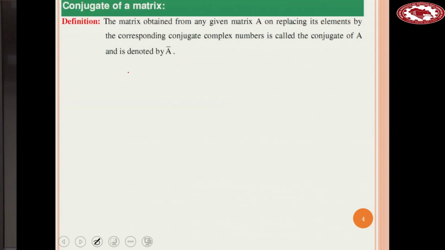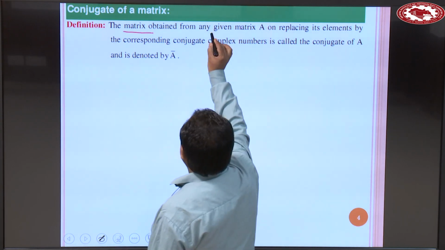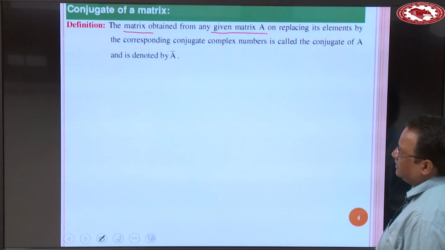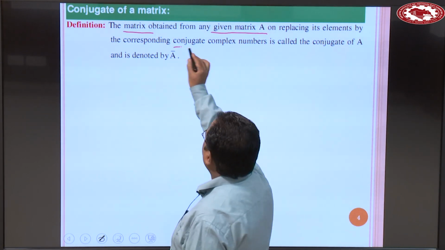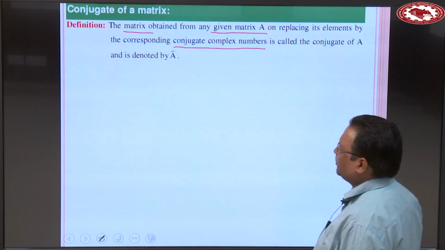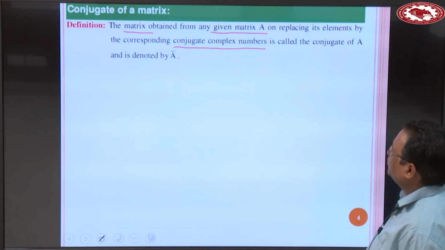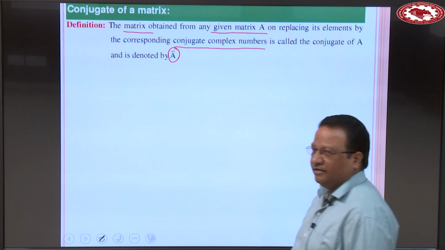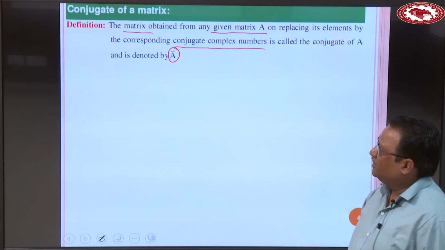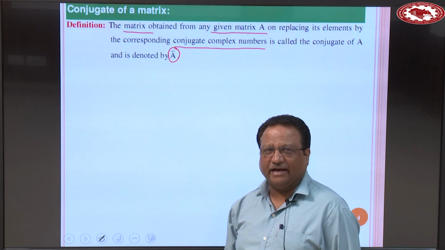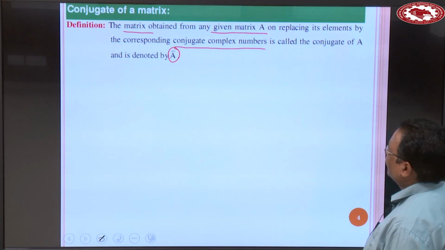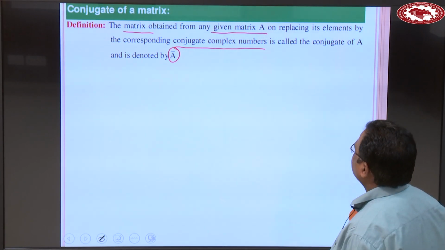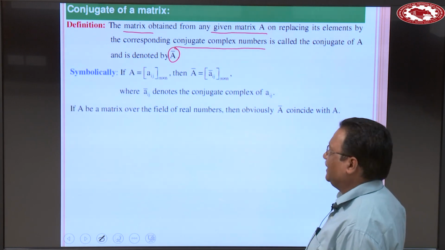The matrix obtained from any given matrix A on replacing its elements by the corresponding conjugate complex numbers is called the conjugate of A and is denoted by A bar. So replace a plus iota b by a minus iota b.